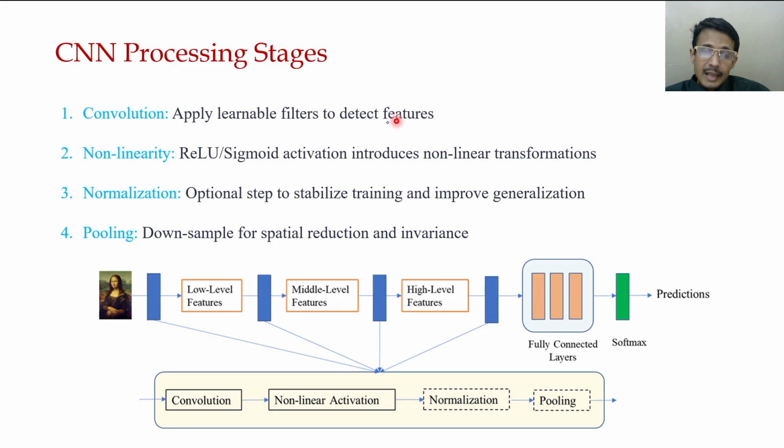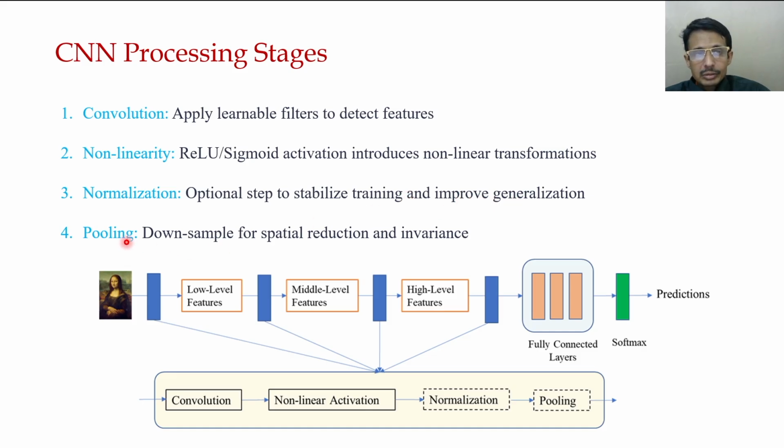Then we put in nonlinearity. We can use a rectified linear unit or sigmoid activation to introduce nonlinear transformations, as we have said before. Then comes normalization. We have given the example of contrast normalization. This is an optional step; it may not always be a part of the layer, but mostly it is there.